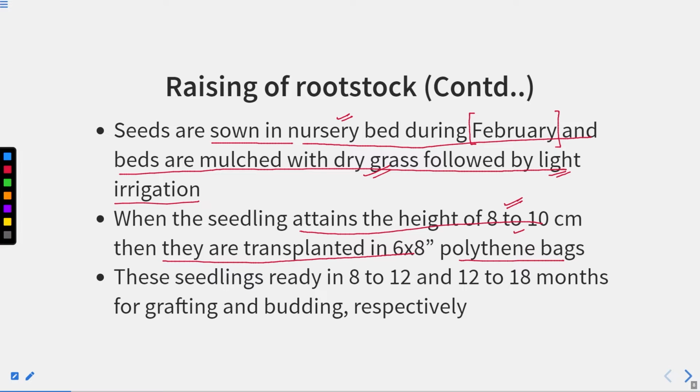When the nursery bed has plants of 8 to 10 centimeter height, they are transplanted in polythene bags of dimension 6 by 8 inches, and then these seedlings are ready in 8 to 12 or 12 to 18 months for grafting and budding respectively.